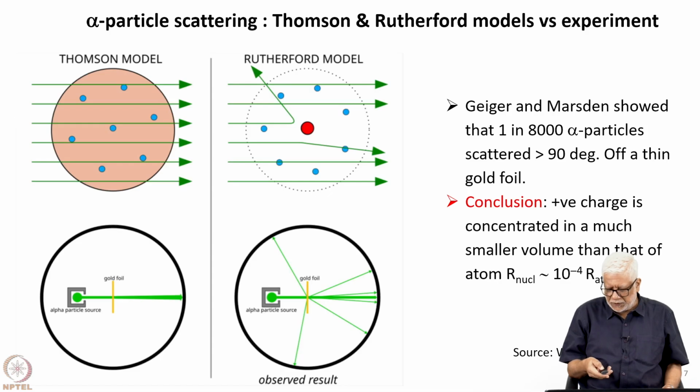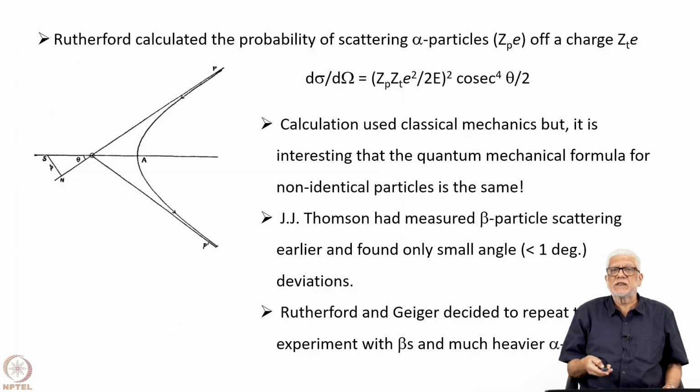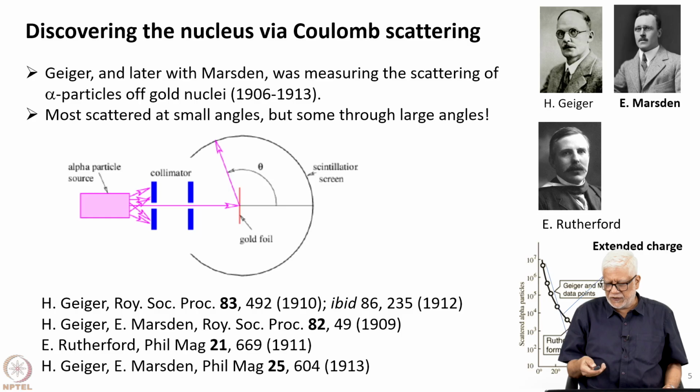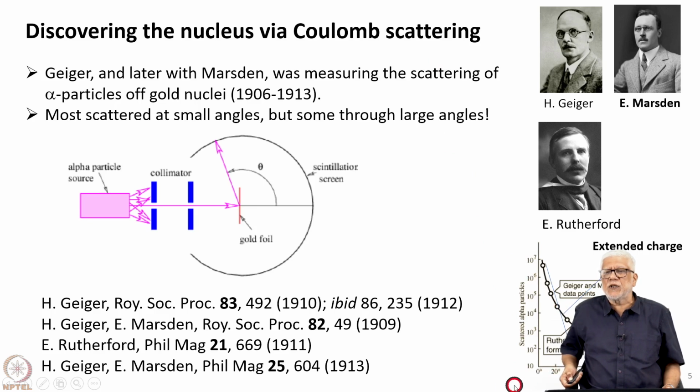Okay, before I go on, maybe I should go back in my slides to the earlier figure, which shows the scattering probability, or the scattered alpha particles, as a function of the scattering angle, given here in degrees, 0 to 140 degrees, and this is the number of scattered particles.